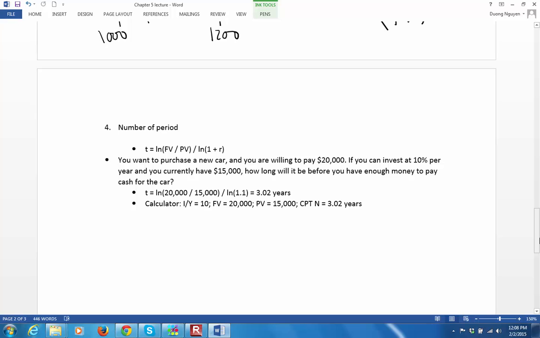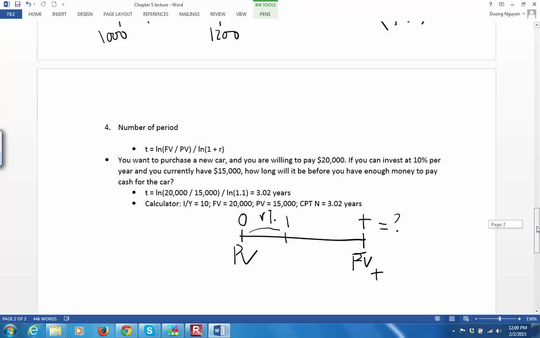Finally, if you are given the present value, you are given the future value, and you are given the interest rate per year, a percent, the question is, how do you calculate how many years?